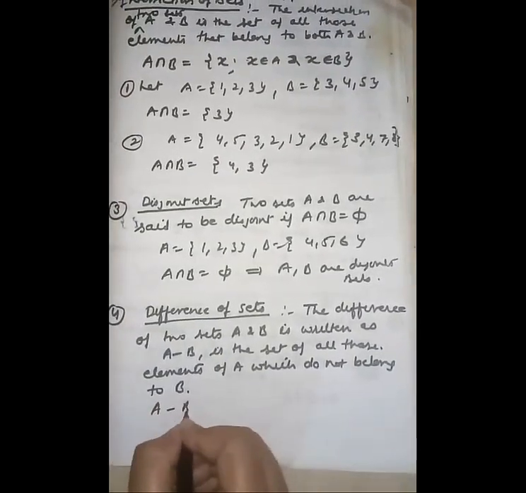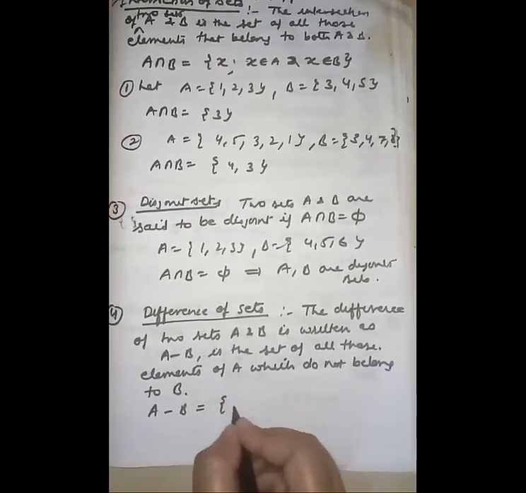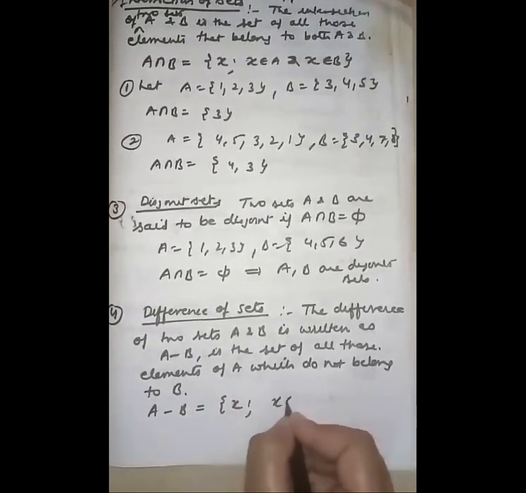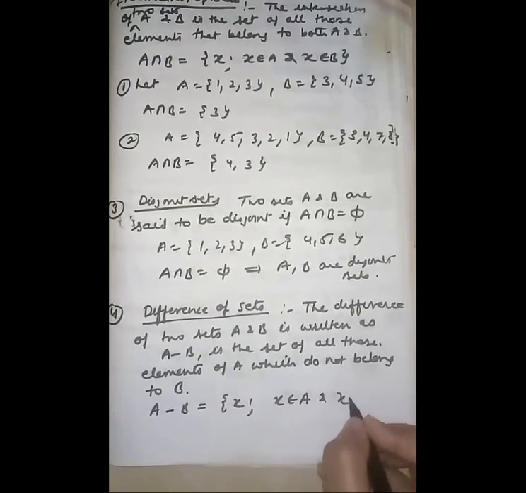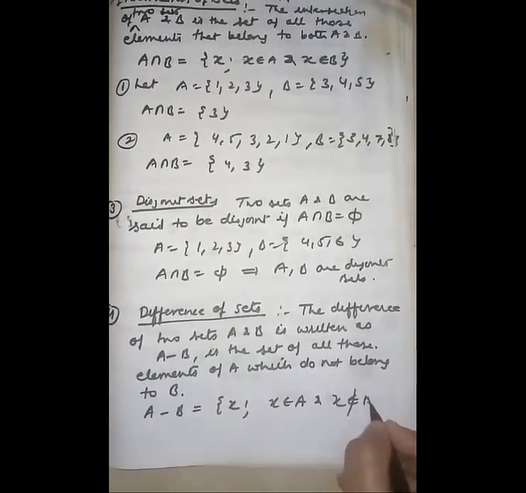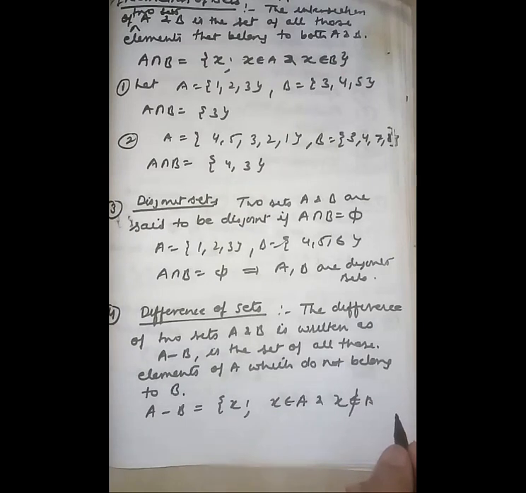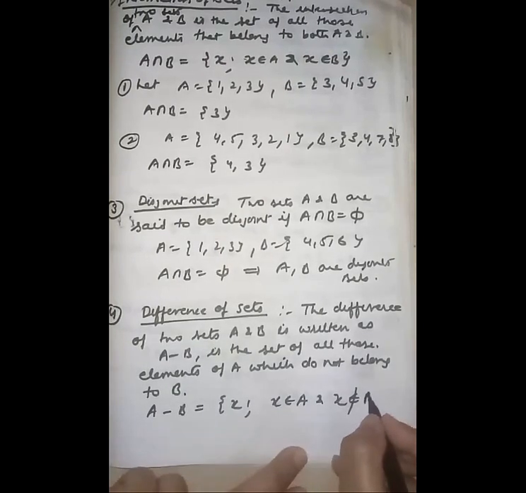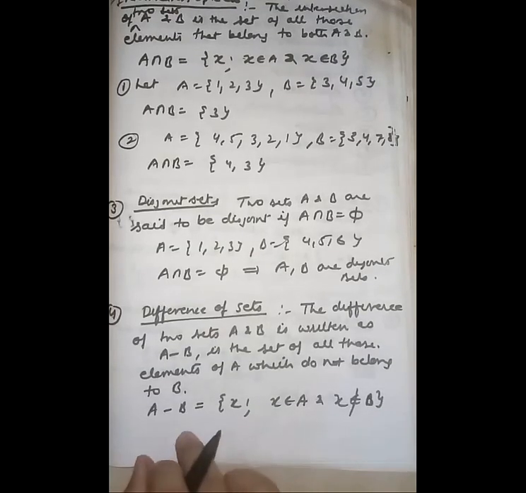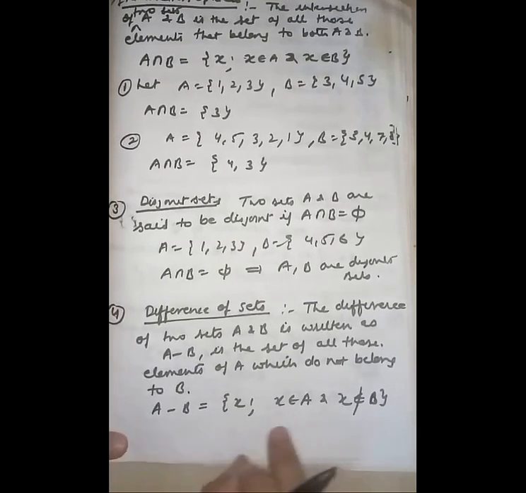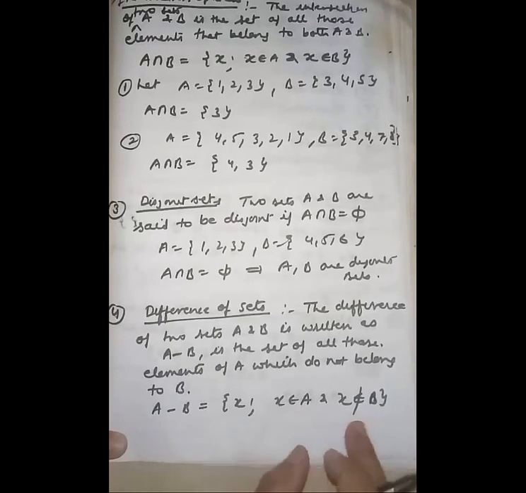A minus B means elements of X where X belongs to A and X does not belong to B. It means A minus B contains all the elements which belong only to A, not to B.